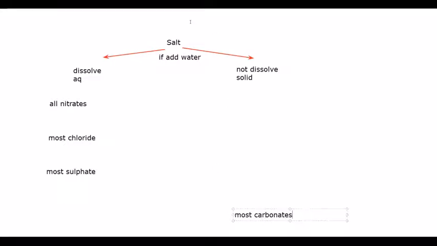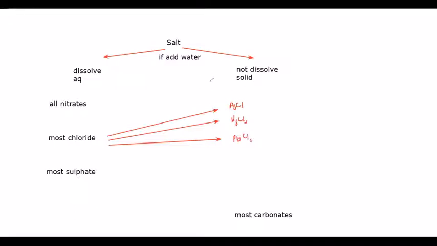But 3 of the chlorides are not soluble: silver chloride, mercury chloride, and lead chloride. These are the 3 salts which are not soluble.